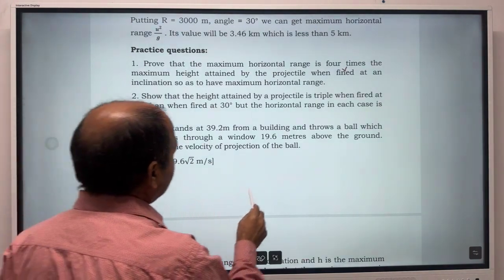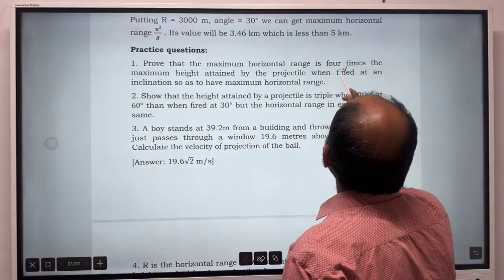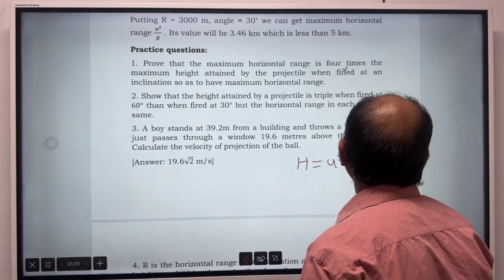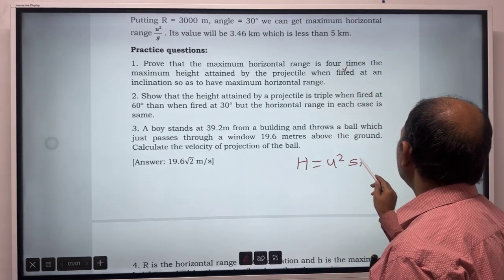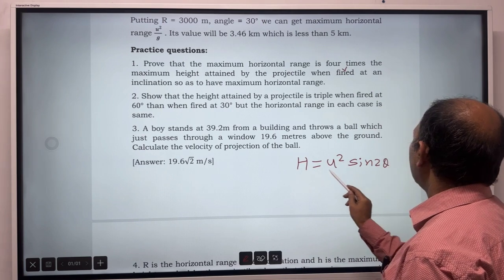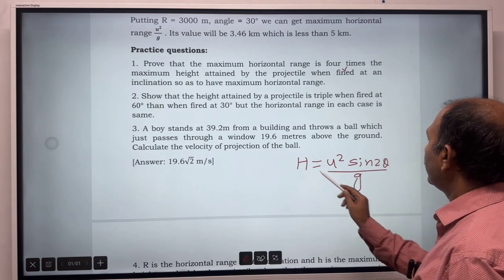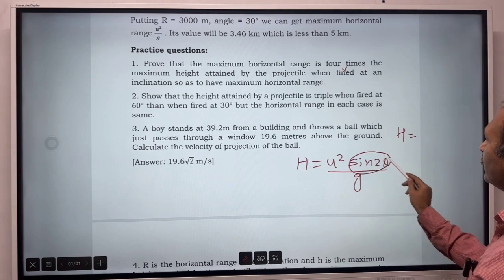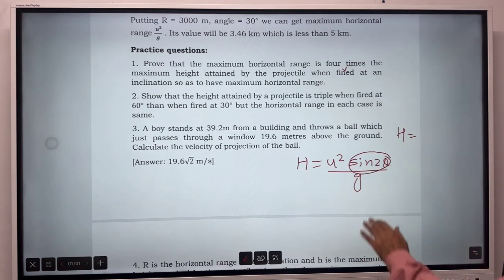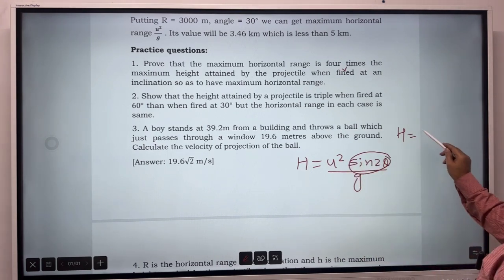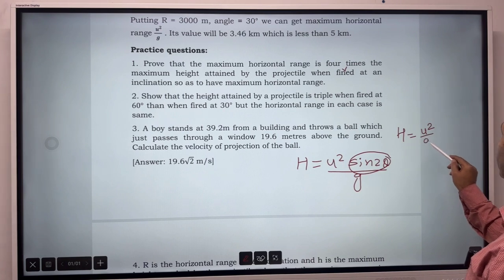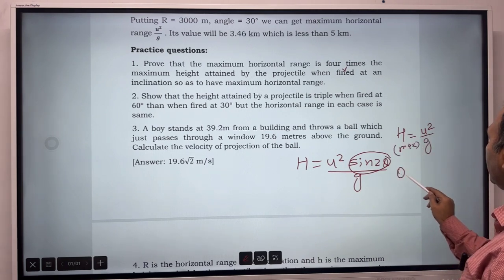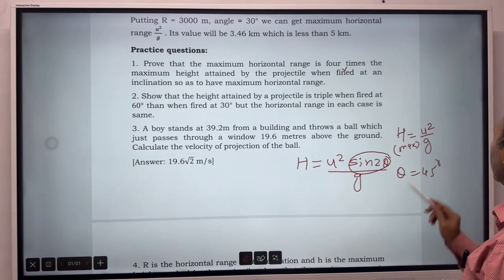Here "find" is given, so this is a mistake, make it "fired". So the horizontal range is given by u square sine 2 theta divided by g. For maximum horizontal range, this term should be 1, means theta should be 45 degree. So it will be u square upon g, which is R max.